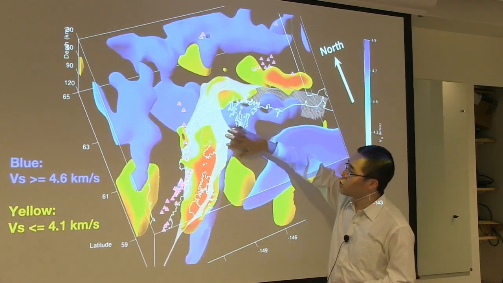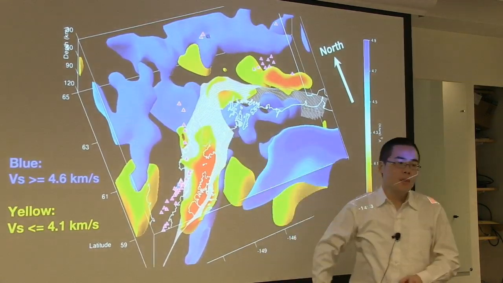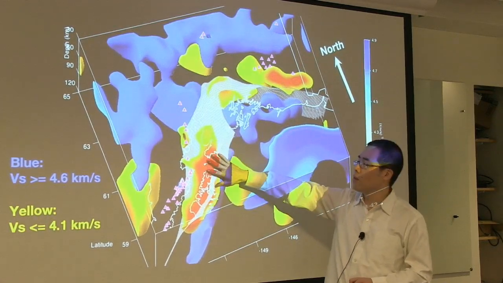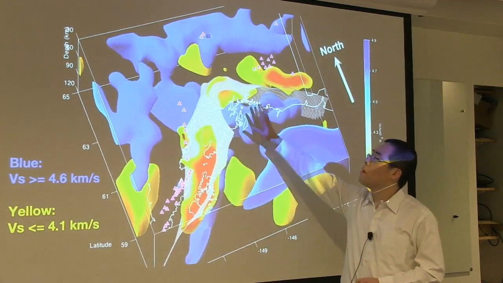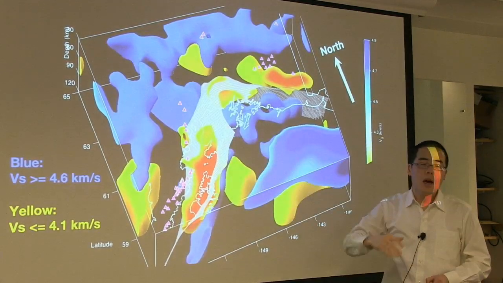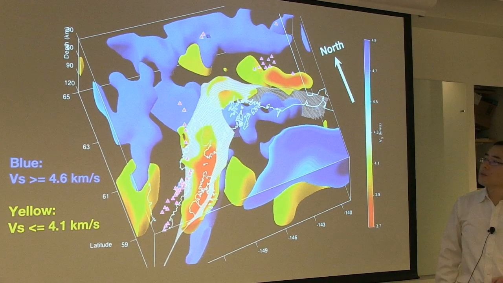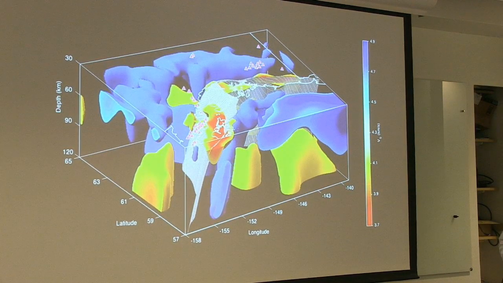And this translucent surface here is the modeled plate interface. This is a reference to tell you which part of the velocity is in the mantle wedge and which parts are beneath the mantle wedge or within the subducting oceanic plate. I will just stop talking for a few seconds to let you watch that.